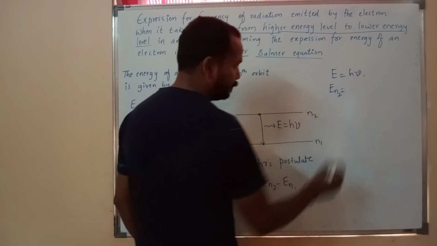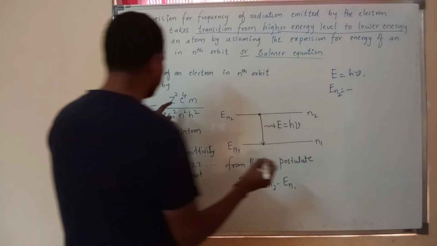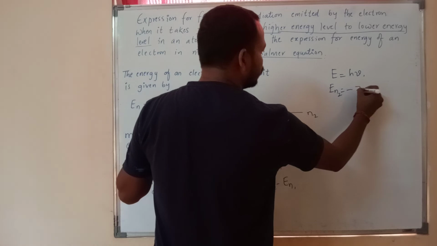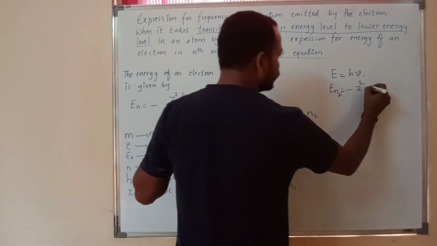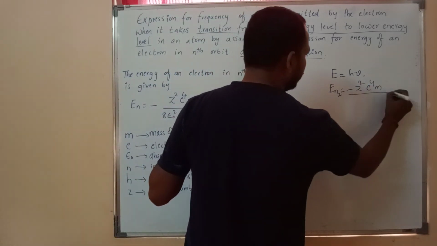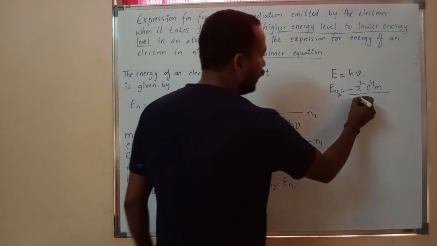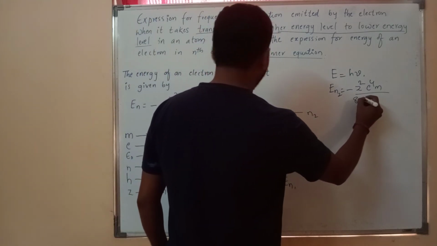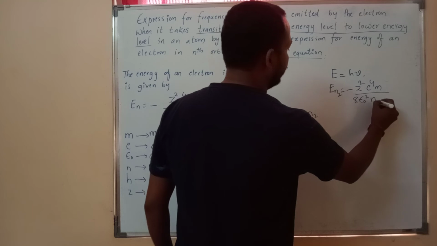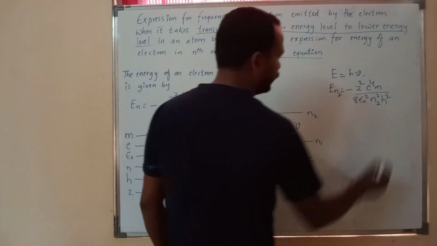En2 is given by minus, this equation only I have to use, which is Z square e raised to 4 m divided by 8 epsilon naught square n2 square h square.